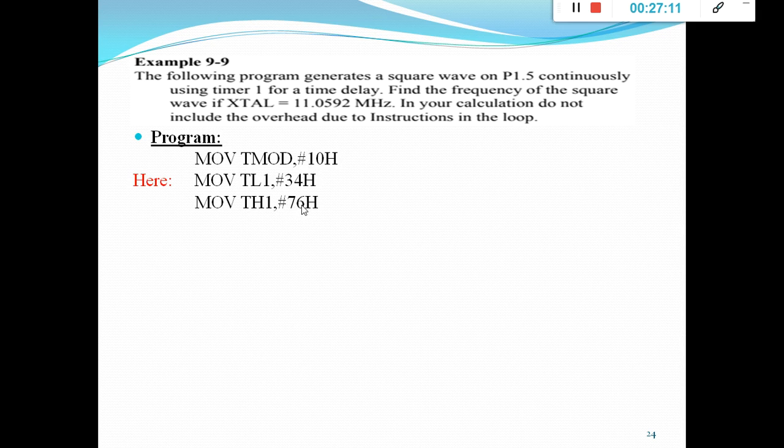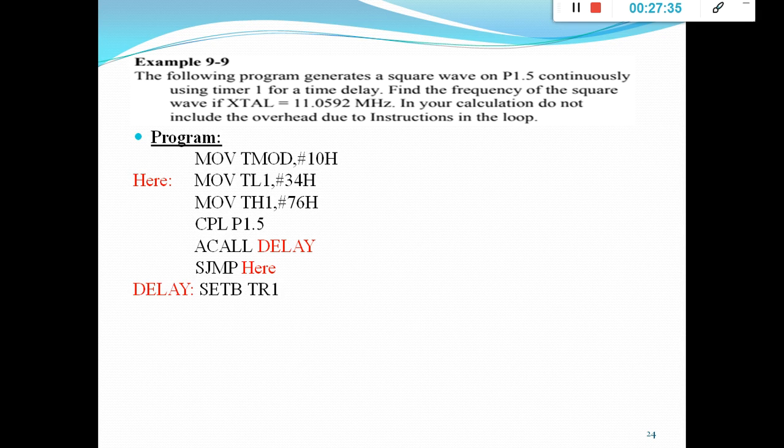Next, you have to load the initial count. Let us take the initial count as 7634, which I am going to load in TL1 and TH1 because I am using timer 1. Next, complement P1.5. I have written this program with a subroutine. Then ACALL delay, so call the delay program.